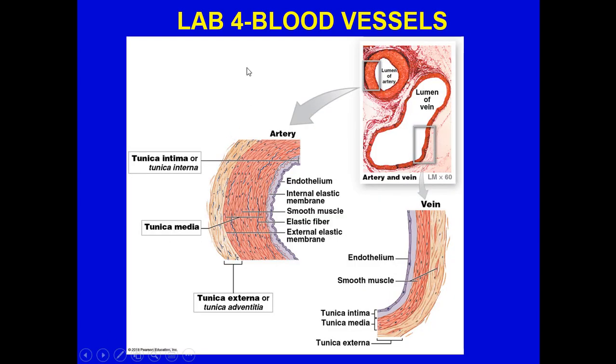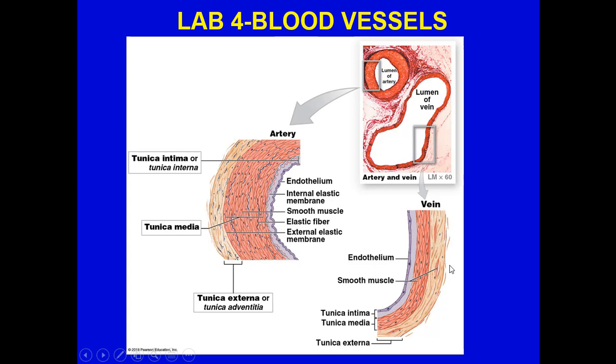Now, I want you to be mindful that there's going to be a great difference between the arteries and veins. The arteries, as you can see, have the tunica intima, otherwise known as tunica interna, the tunica externa, otherwise known as tunica adventitia, and the tunica media. But when you compare artery with vein, you will find several differences. Yes, you still have the tunica intima, tunica media, and tunica externa.